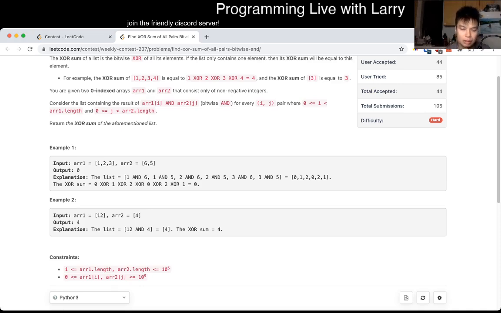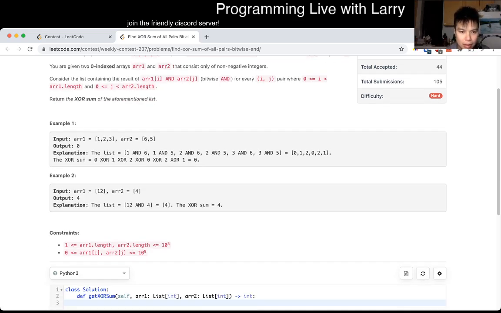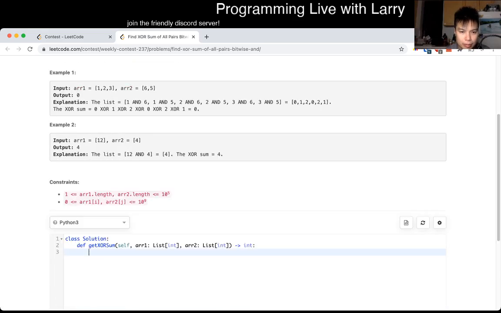So, okay, we just do a bit. I mean, it's not so hard. It's just that I'm trying to rush it. So, trying to do a bit at a time.